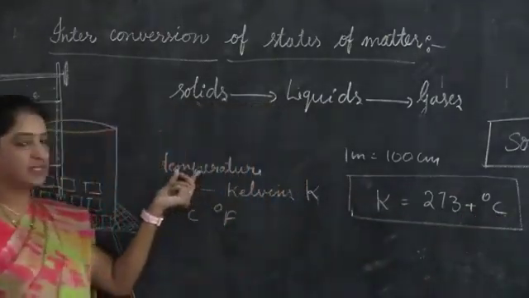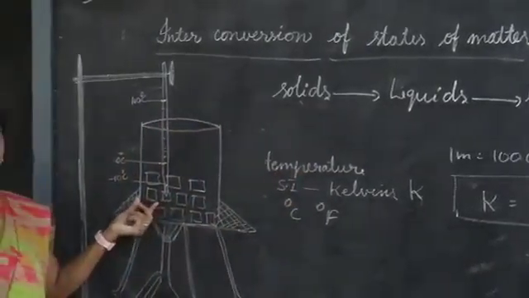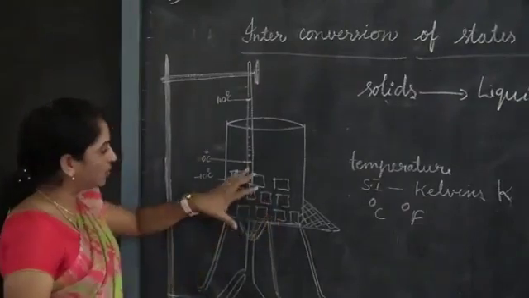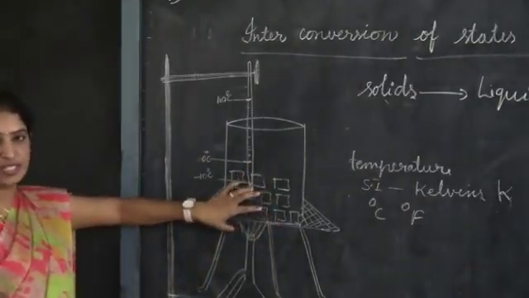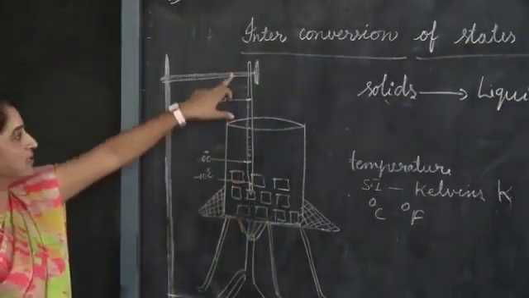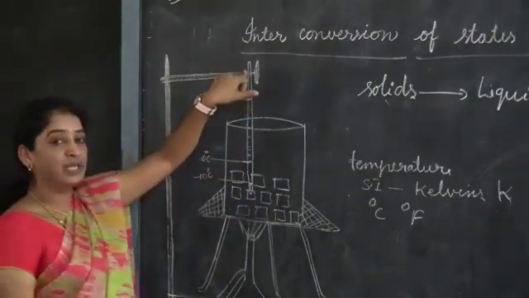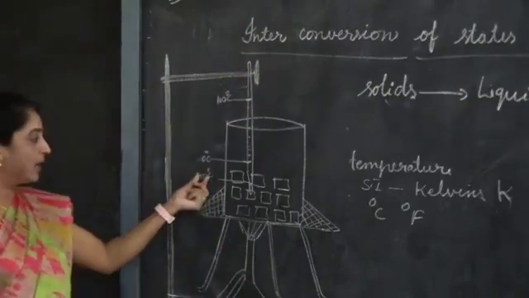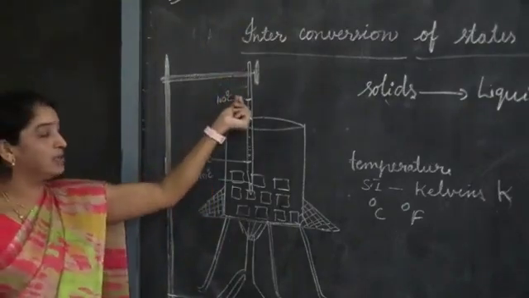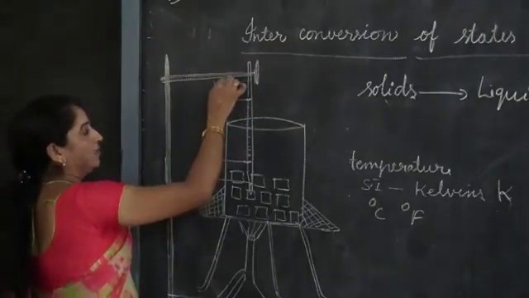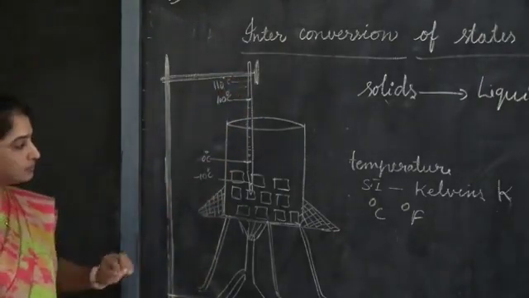So temperature is the measure of degree of hotness or coldness of a substance. So to know the temperature of the substance which is present in the beaker, we suspend a laboratory thermometer. The laboratory thermometer is calibrated from -10 degrees centigrade to 110 degrees centigrade.